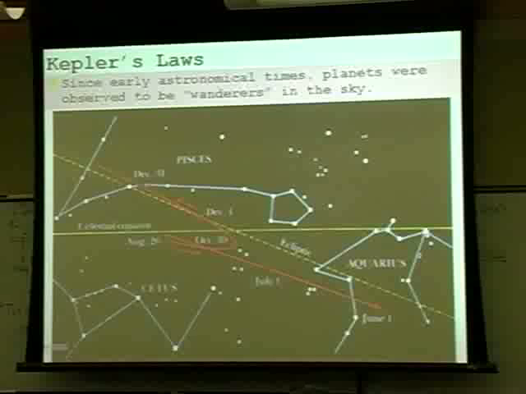We want to apply all this gravity stuff to the solar system and beyond, because that's really where it first came into play. And even though this gravity force that we're talking about is evidently really weak in comparison to other forces that we deal with, it's really the force that keeps the universe together.